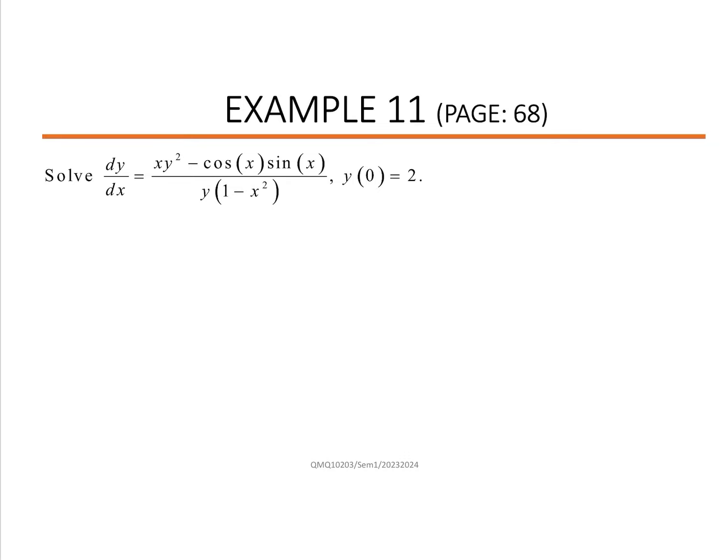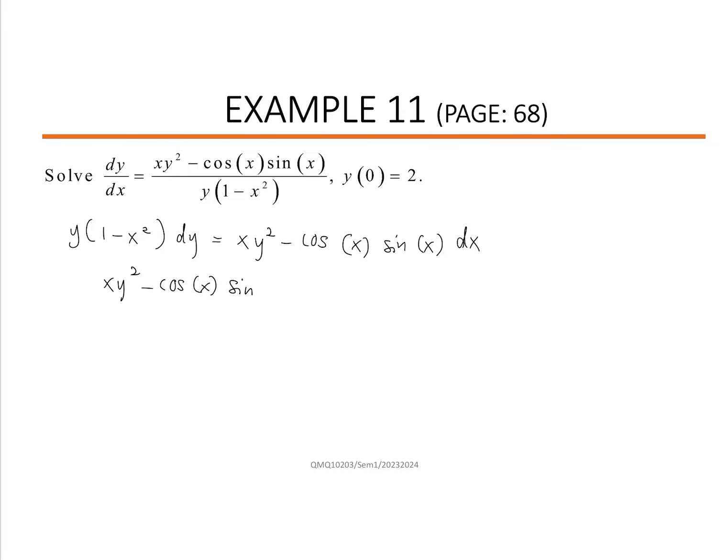So let's cross multiply, rearrange so that we have y(1 minus x square) dy equal to (xy square minus cos x sin x) dx, and then rearrange to get (xy square minus cos x sin x) dx minus y(1 minus x square) dy equal to 0.